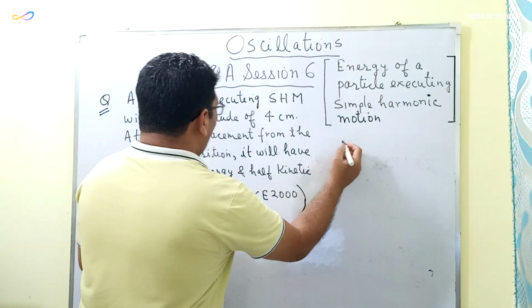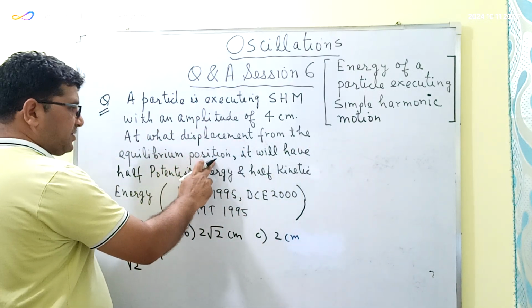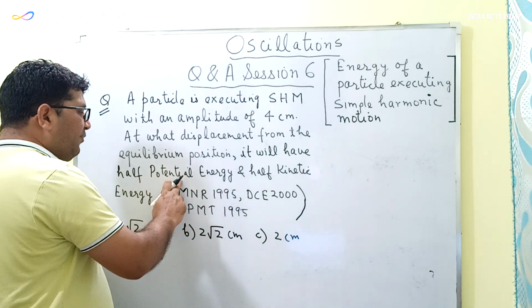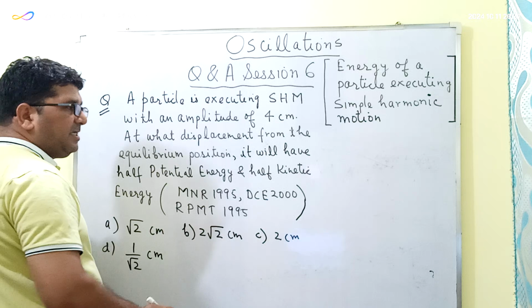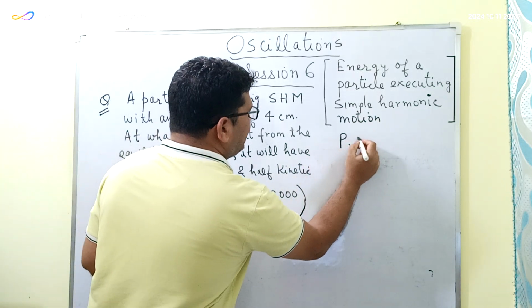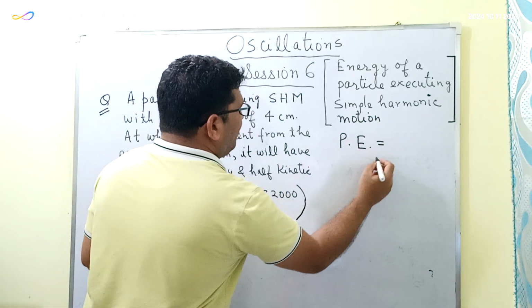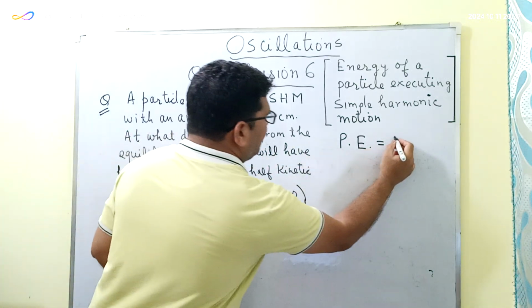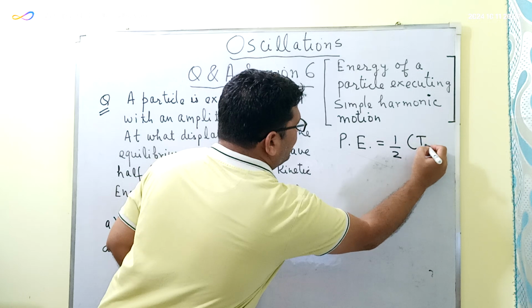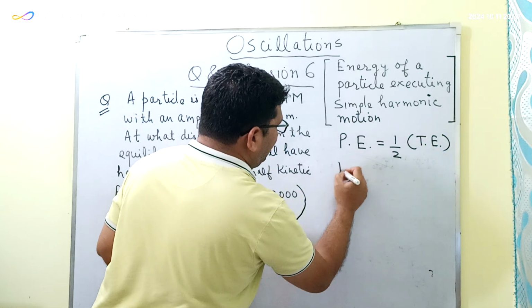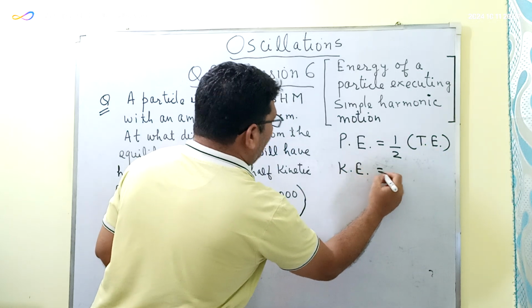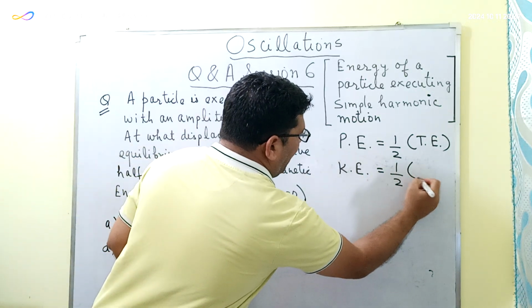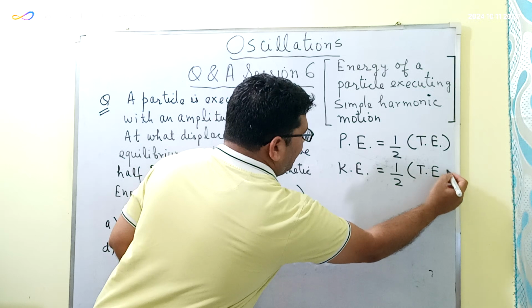So basically, we have to find the displacement from the equilibrium position of this particle at which it will have half potential energy and half kinetic energy, meaning that the potential energy at that displacement will be half of the total energy, and the kinetic energy of that particle at that displacement will also be equal to half of the total energy.